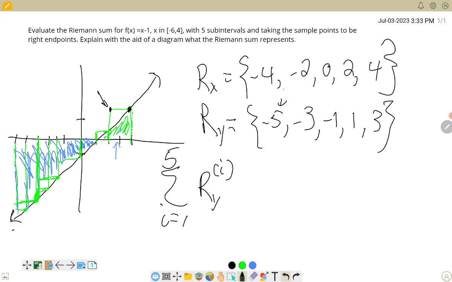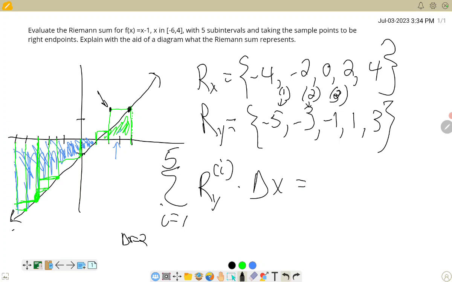Maybe this was number 1, and this is number 2, and so on. It doesn't actually matter which way I order them, because summing them ends up being the same thing. But here the delta x is, well, we have minus 4 to minus 2, minus 2 to 0, and so on. So delta x is clearly equal to 2.